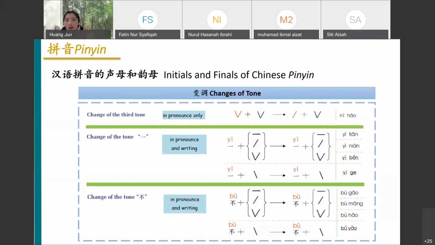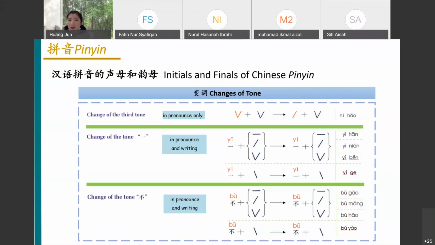When we put 你 and 好 together, it means hi in Mandarin. So if you hear people say 你好 to you, we also answer with 你好. When we say hi to someone, we are not reading both as third tone because that is too difficult to pronounce. So we change the first word into second tone. That's why when we say hi to people, we use 你好.